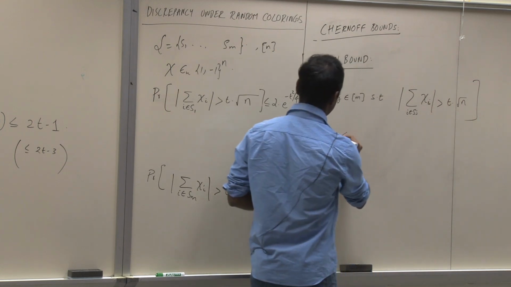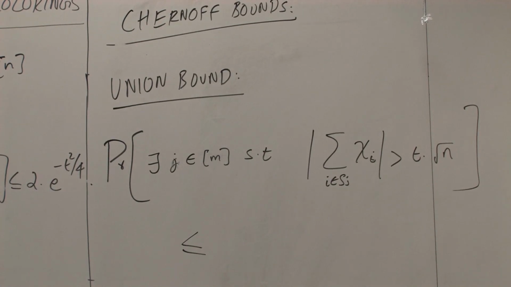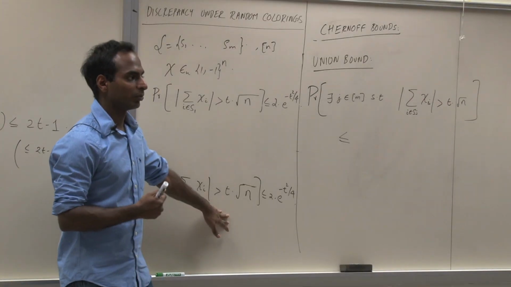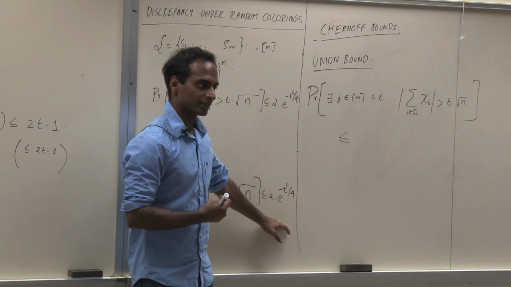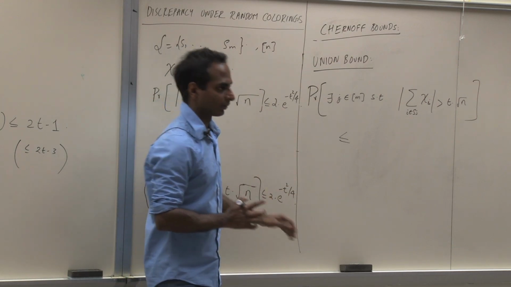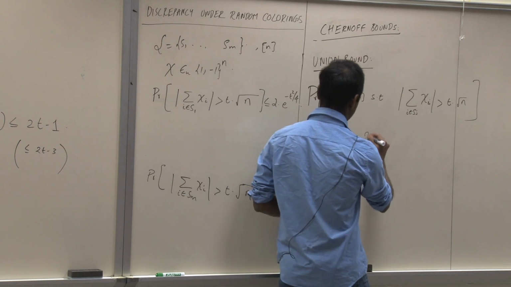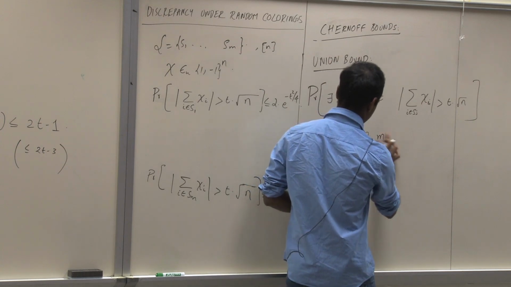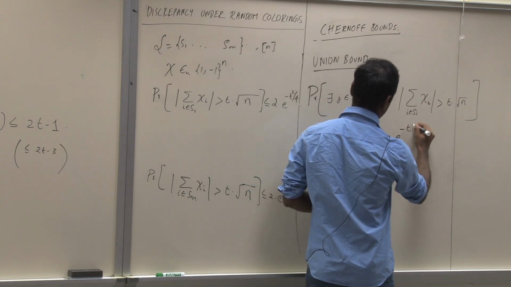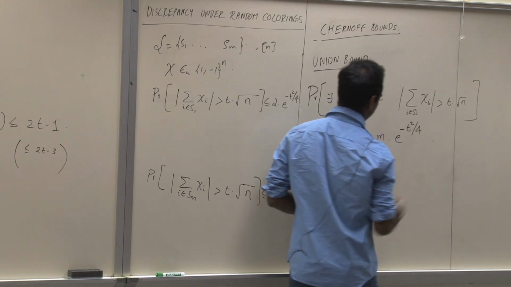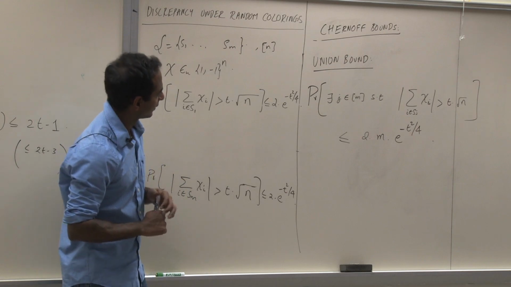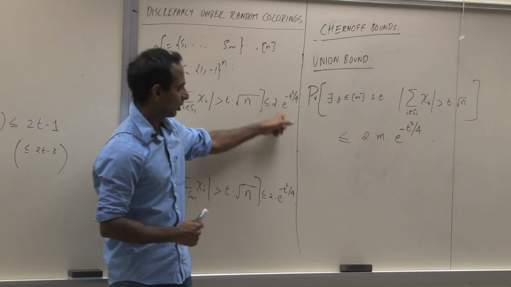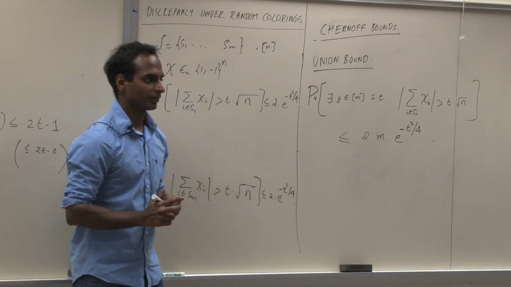The union bound says that if you have m events like this, then the probability of the union happening is at most the sum of the individual probabilities. Okay. So this is at most 2 times m times e to the minus t squared by 4. Okay. So I just summed up all of these probabilities here.